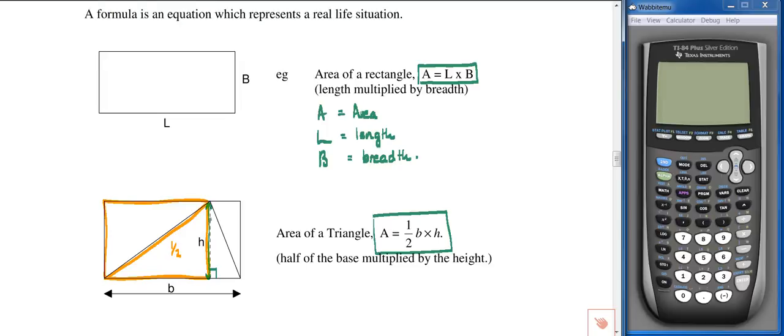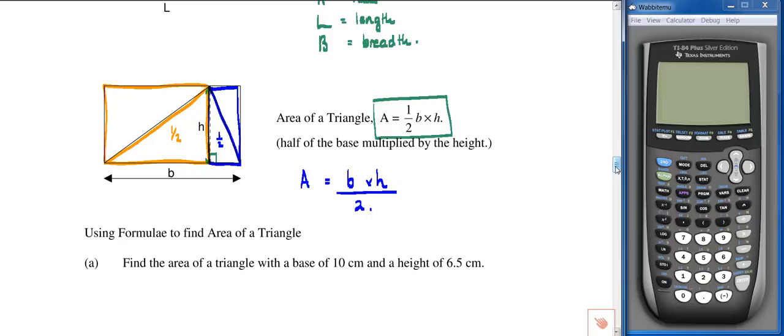Looking at the other rectangle on the other side, if we split that in half diagonally, then the other half of the area of the rectangle is also part of the triangle. So that's where the area equals base times height, divided by 2. That's the formula for a triangle.